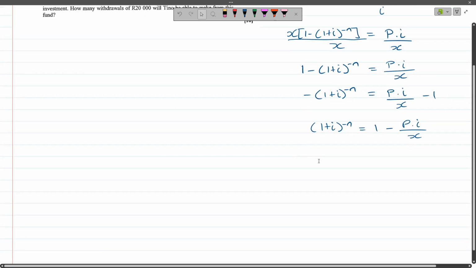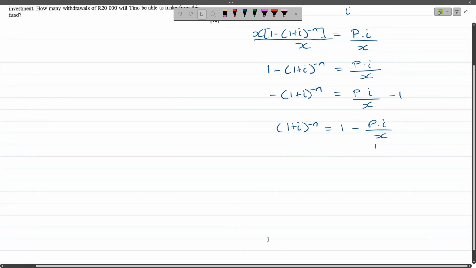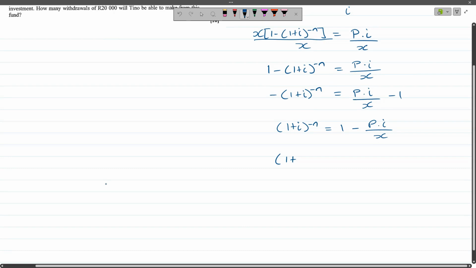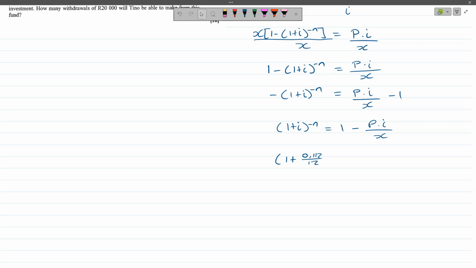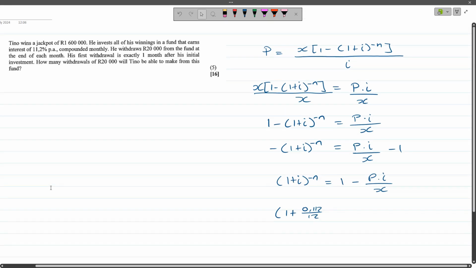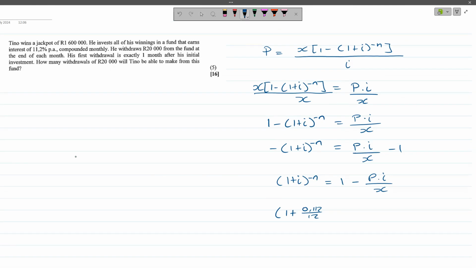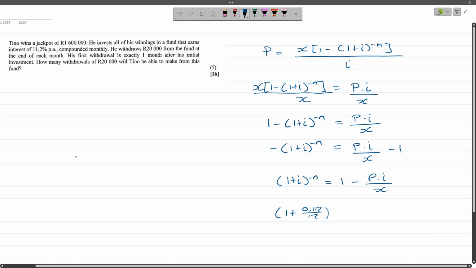Then let's substitute our values. At this point we know that 1 plus i will be 1 plus 0.112 over 12, because the interest, as we are told in the question, is 11.2%. So you can write 11.2 over 1200, or you can write 0.112 over 12. It all adds up to the same thing.